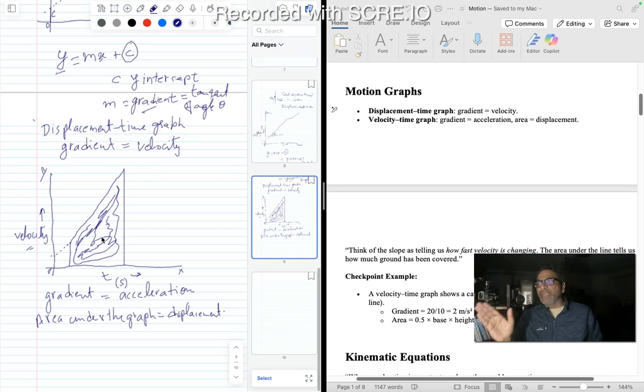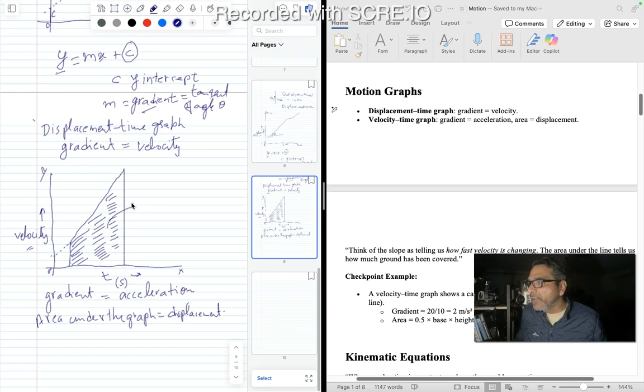We don't need this, but it's just a recall. If somebody asks what this means, we can say this area will give us displacement, right?